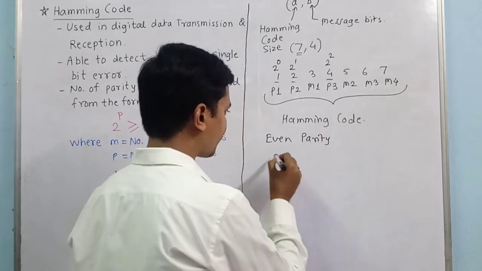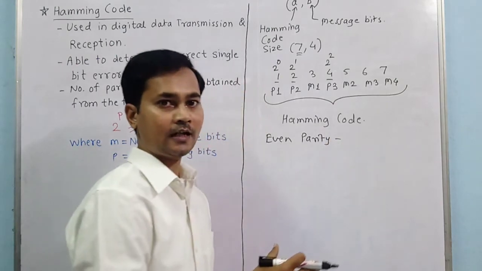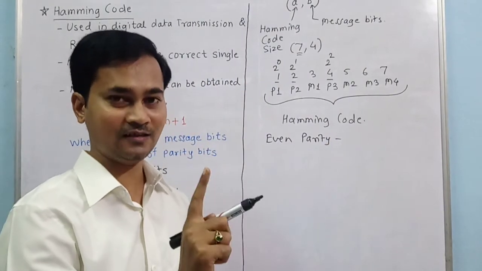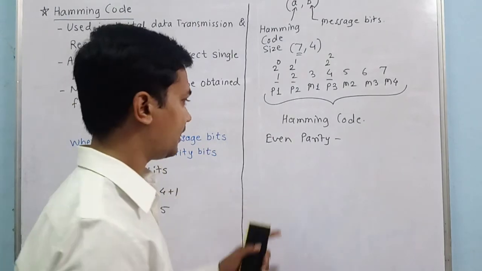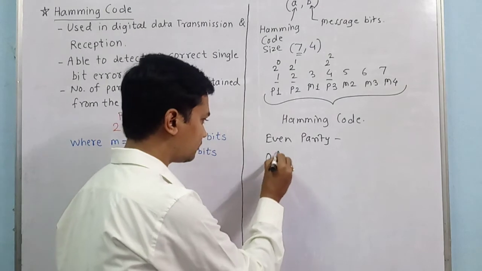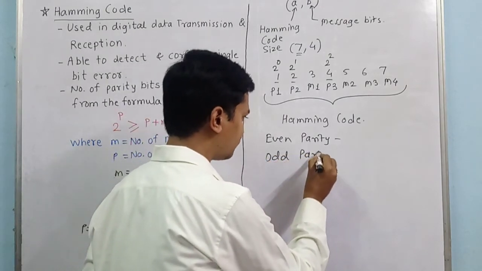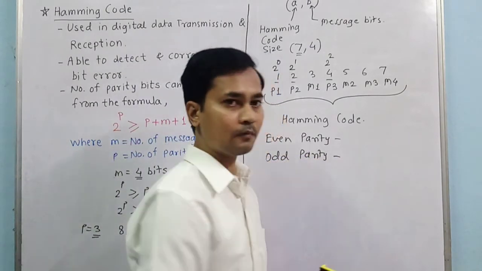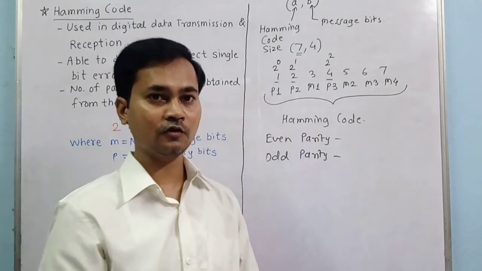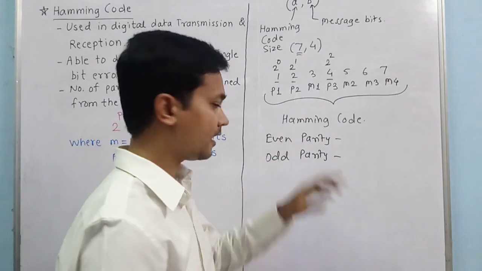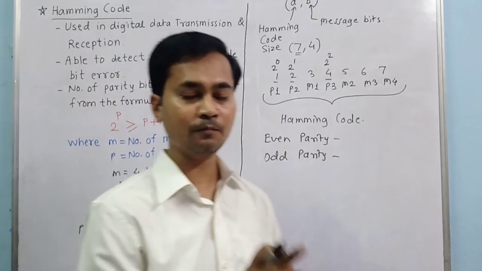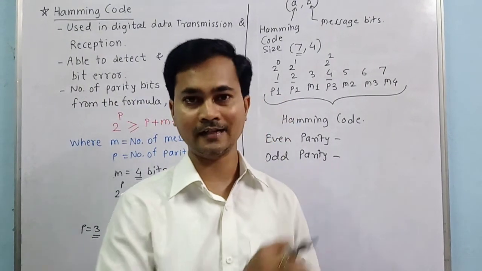Even parity means the total number of logic ones should be even. Odd parity means the total number of ones in the message should be odd, that means 1, 3, 5, 7 and so on. In case of even parity, the total number of ones should be 0, 2, 4, 6 and so on.